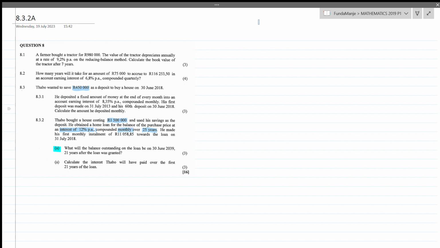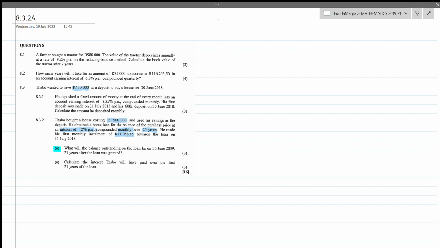He made his first installment here, so we have the monthly installments he'll be making, and the first question reads as follows: what will the balance outstanding on the loan be on the 30th of June 2039? This is 21 years after the loan was granted. 21 years after the loan is granted, we know this loan has a life of 25 years.